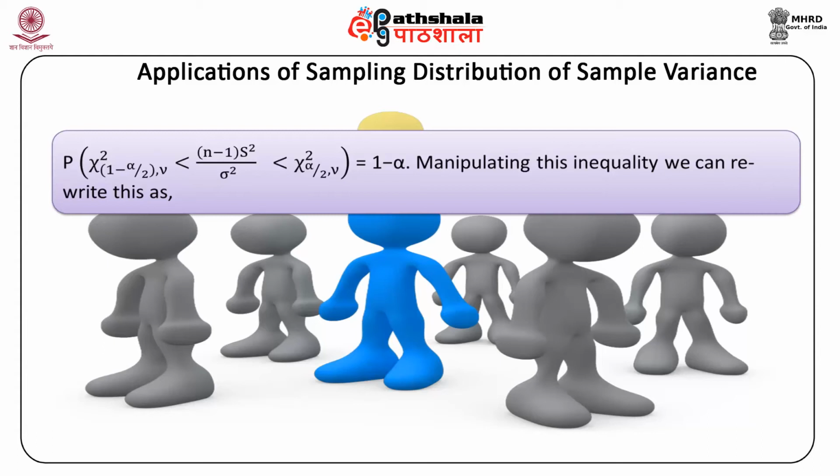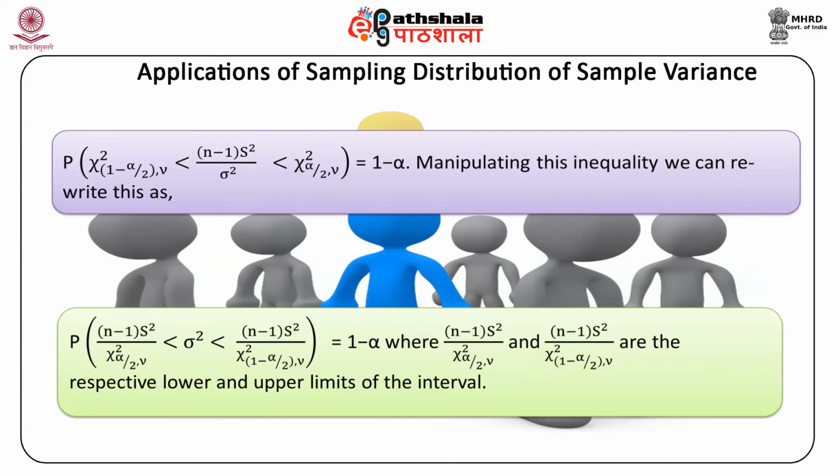Manipulating this inequality, we can rewrite this as the probability that sigma square lies between n minus 1 into S square upon chi square alpha by 2 and nu degrees of freedom, and n minus 1 into S square upon chi square 1 minus alpha by 2 and nu, which is equal to 1 minus alpha, where these are the respective lower and upper limits of the interval.